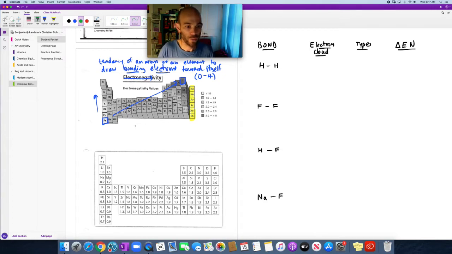So if you basically pick any metal here on the periodic table, you'll see that it has an electronegativity value of about 2 or less. So metals tend to be low electronegativity, small electronegativity values, and nonmetals have a high electronegativity.